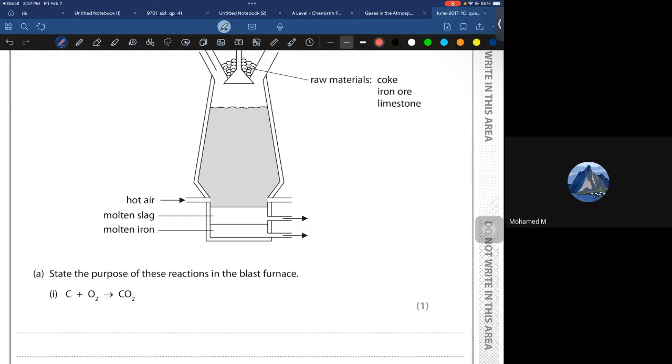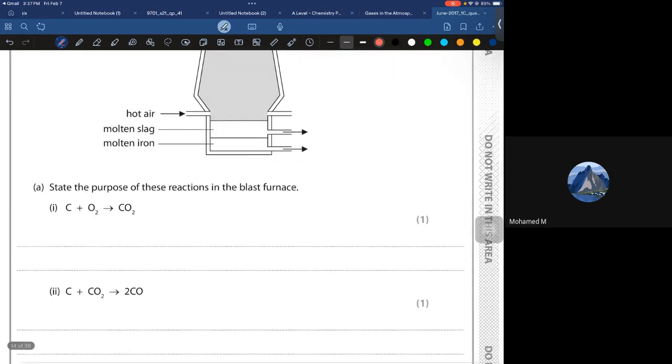Exothermic. How? Because it's releasing hot air. No, no. Since this is combustion, whenever it reacts with oxygen, you can say that this is combustion. And obviously, a combustion reaction is an exothermic reaction which releases energy.